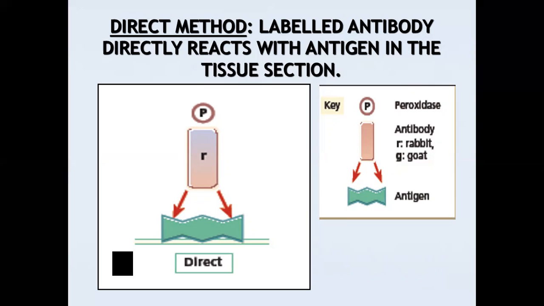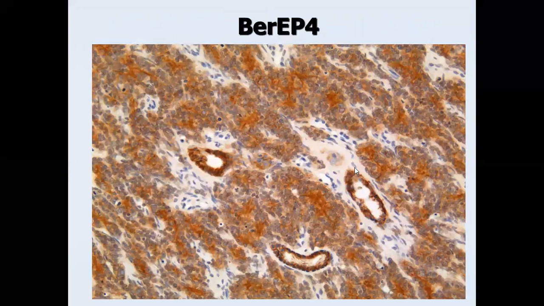And if the peroxidase is already deposited by deposition of antibodies against the particular antigen, this peroxidase will stain the tissue brown. And this brown color is seen in the immunohistochemistry stain.